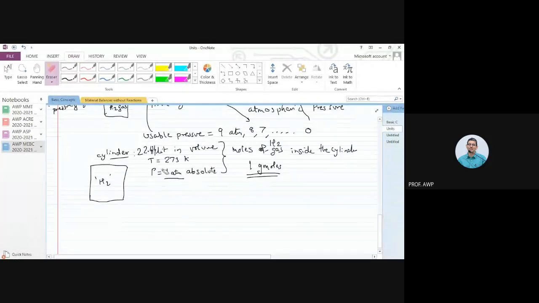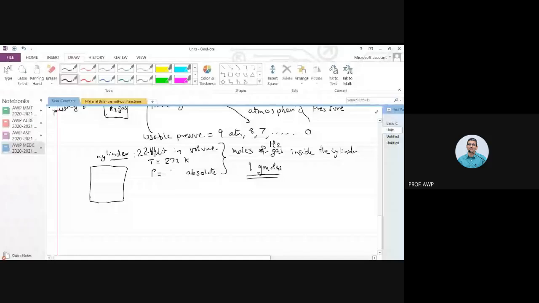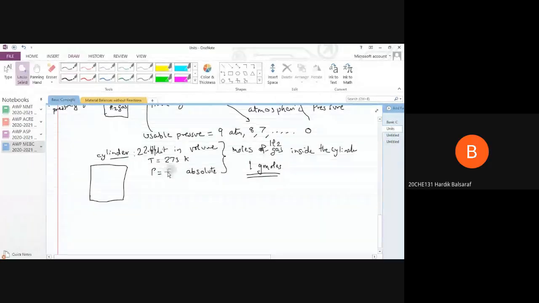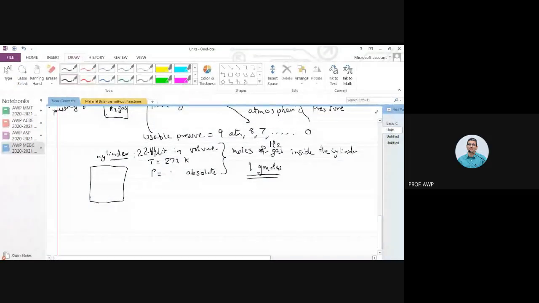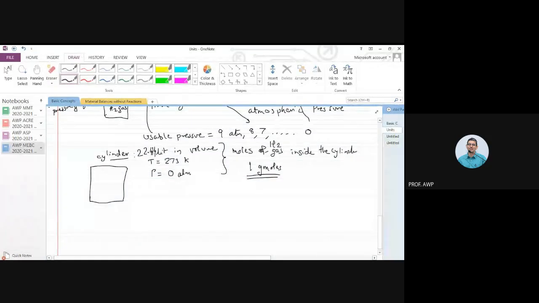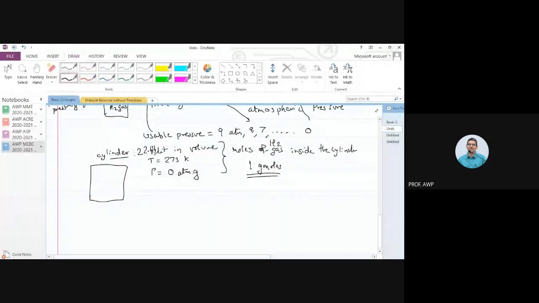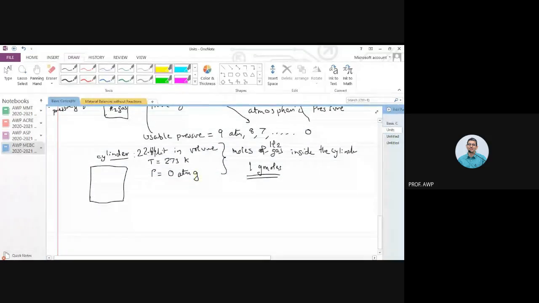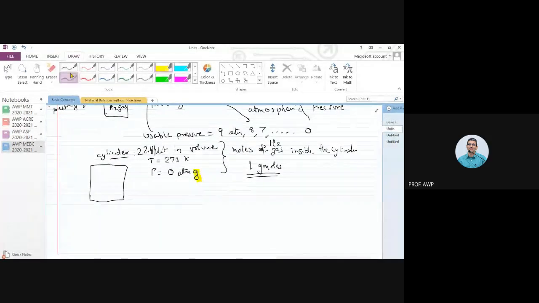So I would rather say that the pressure of the gas inside the cylinder is 0 atmosphere gauge, and we denote that by G. G is not 9.81. G stands for gauge.